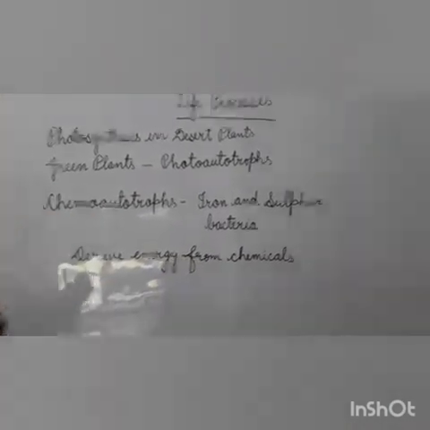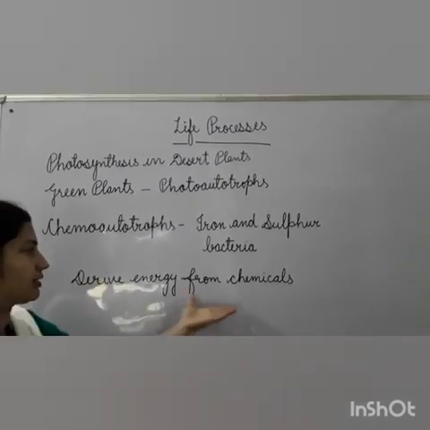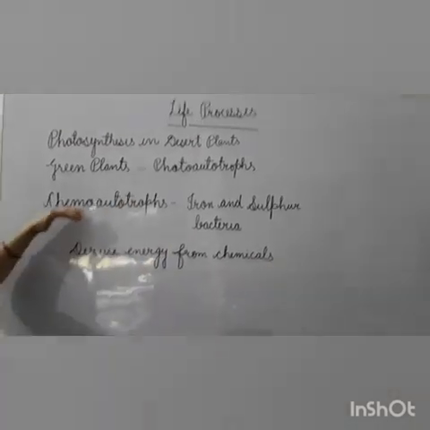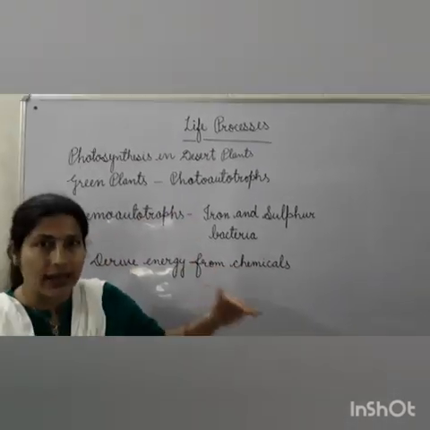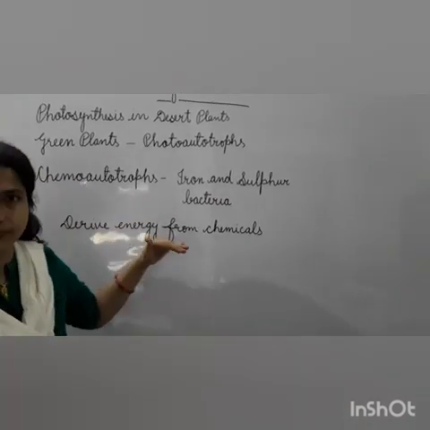So they are called chemoautotrophs because they make their food with the help of chemicals. That is why they are called chemoautotrophs. And this is also an autotrophic mode of nutrition.